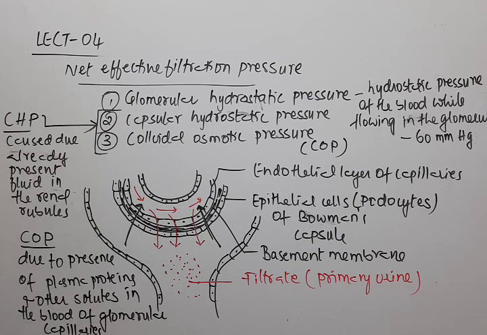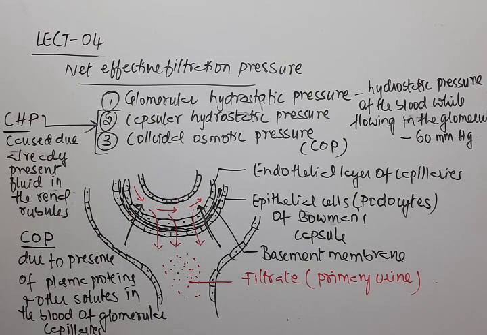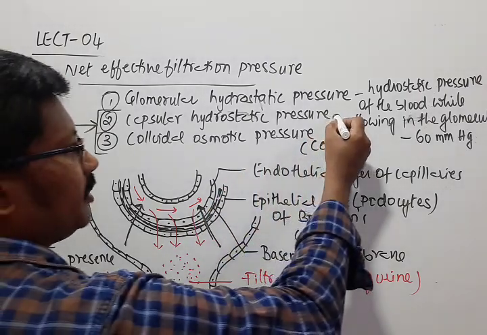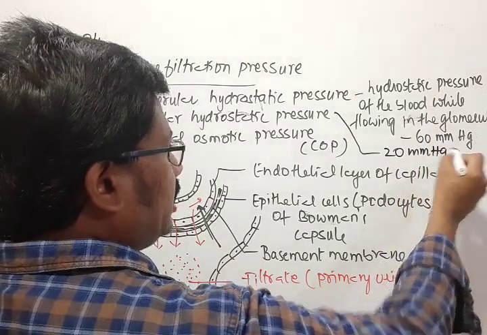As I said, the glomerular hydrostatic pressure is 60 mmHg. Coming to the capsular hydrostatic pressure, which you can also call Bowman's capsular hydrostatic pressure, it will be 20 mmHg.